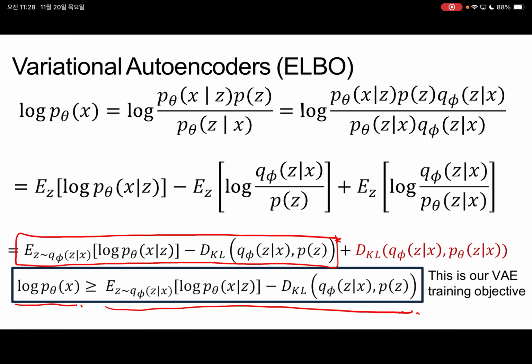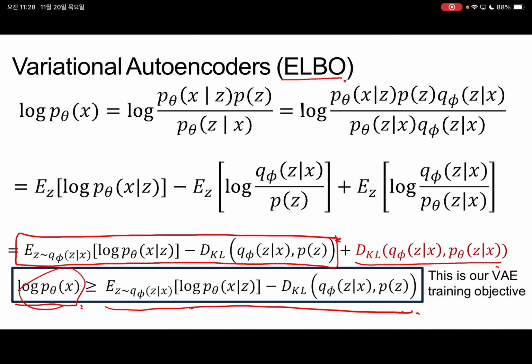That is the training objective of VAE. Because we cannot get this one, let's skip this. But as long as we maximize this one, the lower bound of the P prior distribution might be bigger, and then we can maximize this one as well. That is the ELBO, evidence lower bound.